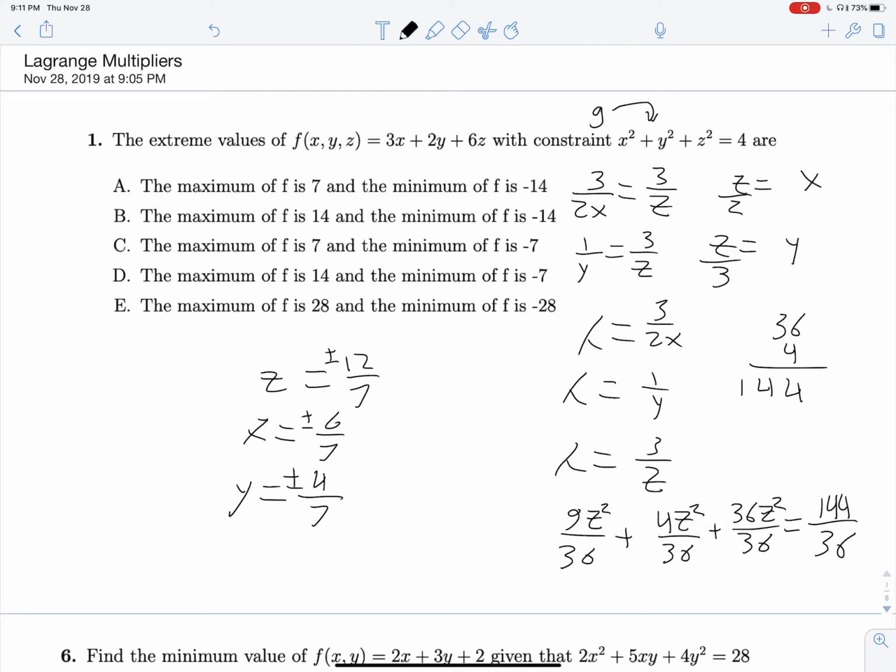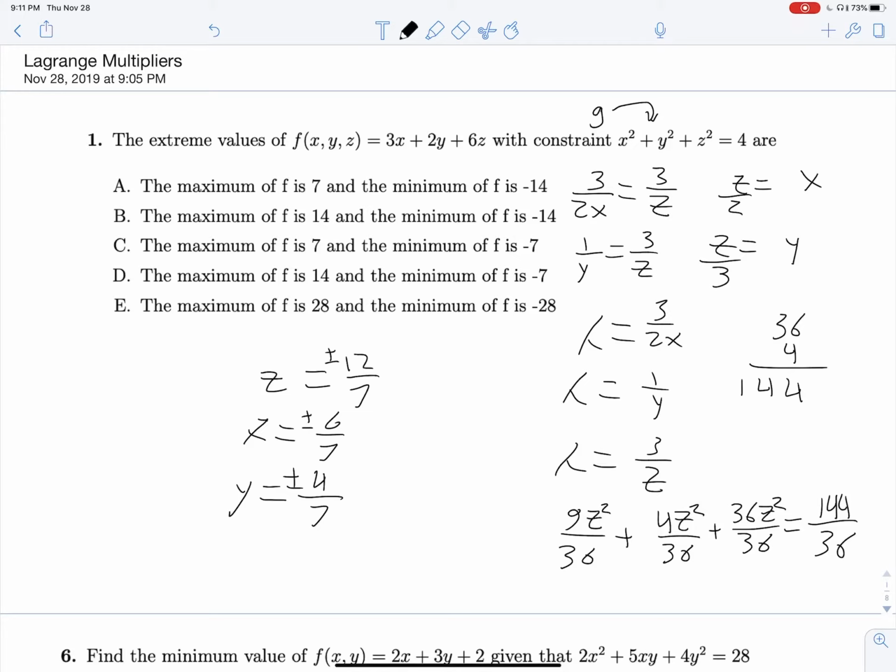So we have to keep that in mind because if we just solve it for positive, we will get our max and not our min. But it's good to know we only have to plug these things in once because our answer will be equal and opposite for our min.